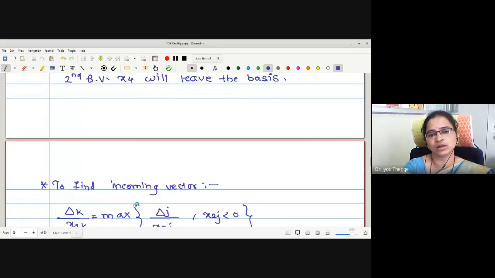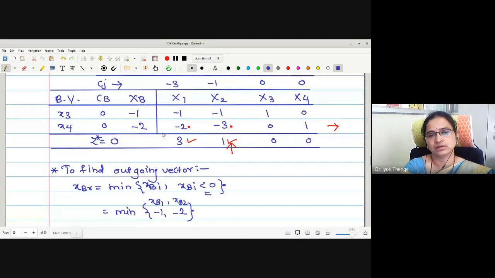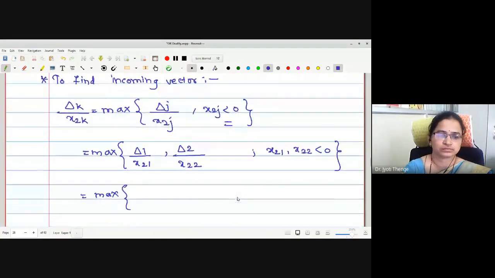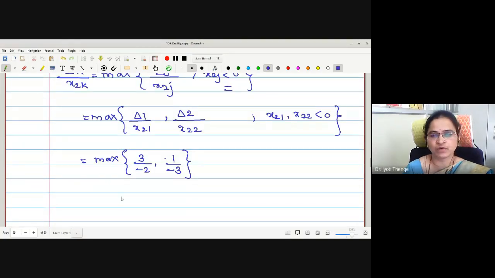What is delta 1? 3. What is x21? Minus 2. First ratio is 3 upon minus 2. Second is 1 upon minus 3. Right? Which is the maximum one?